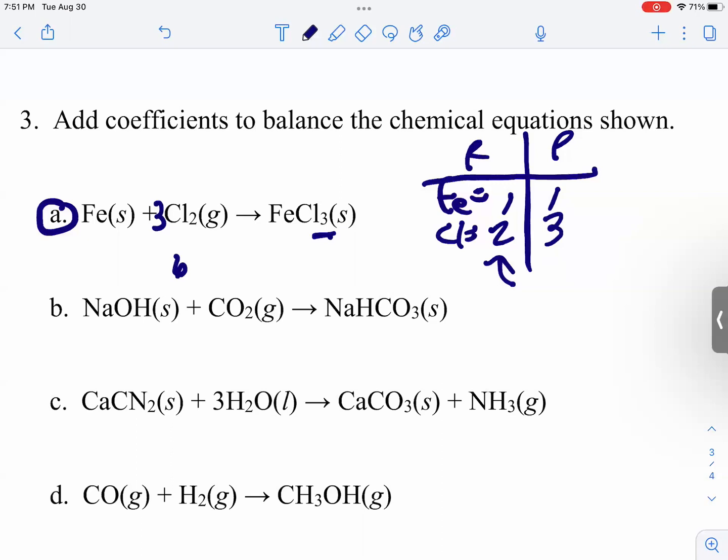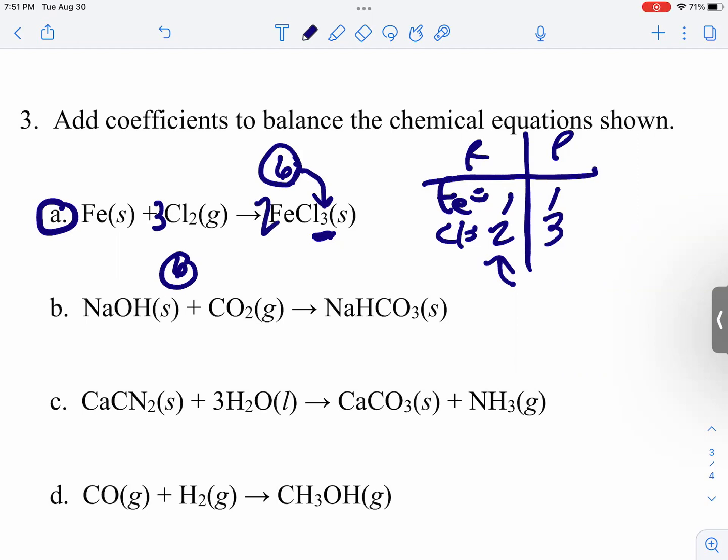So I have 6 on one side, 3 on the other side. How am I going to balance that out? 6 divided by 3, you needed 6. So 6 divided by 3 is going to be 2.